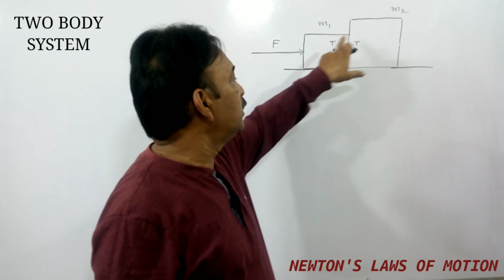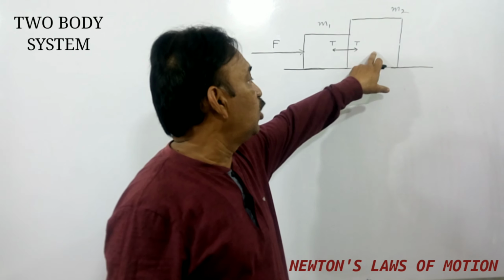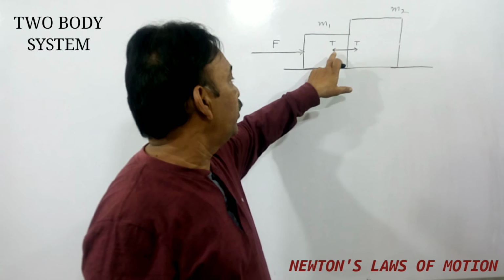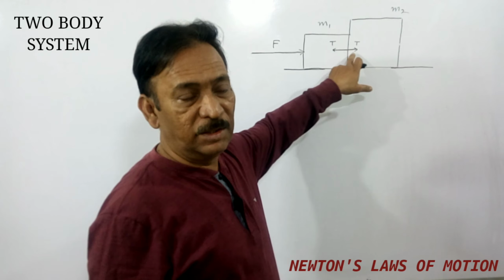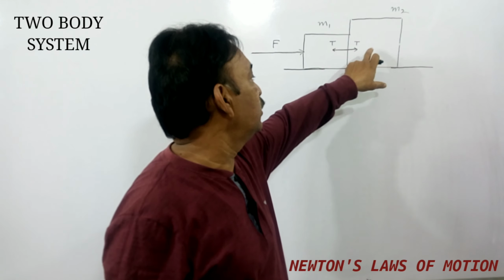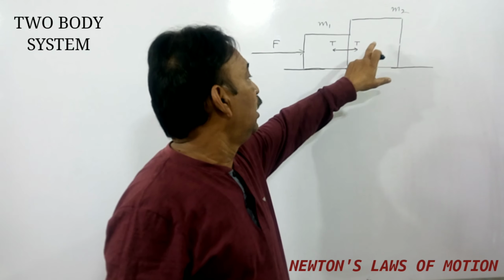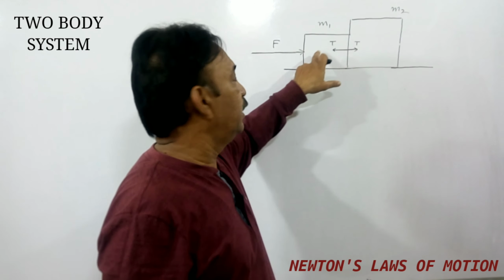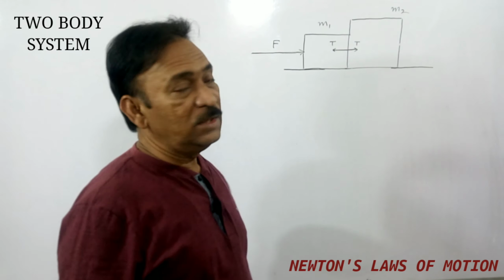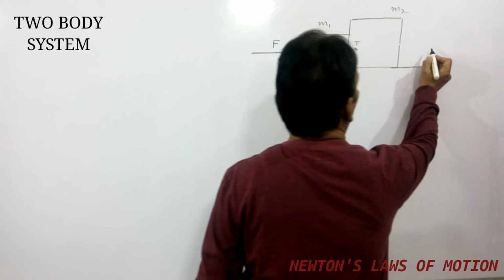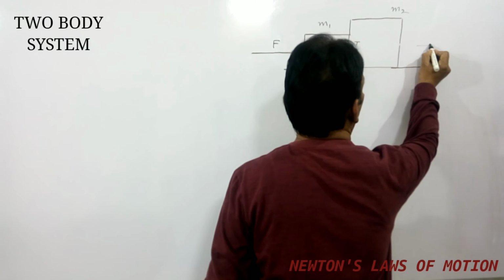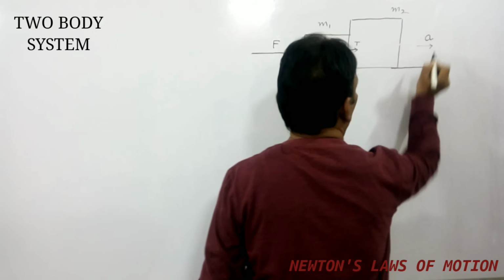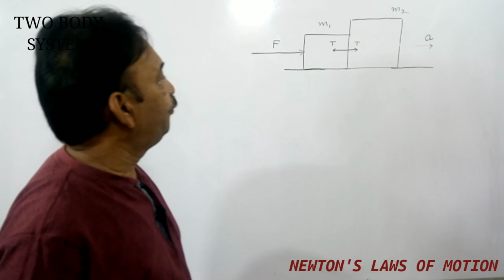Whatever force it exerts on this body, this also applies the same force back. That's why we mention them as T and T, both acting in opposite directions. Since the two are in contact, they are moving with a constant acceleration a.